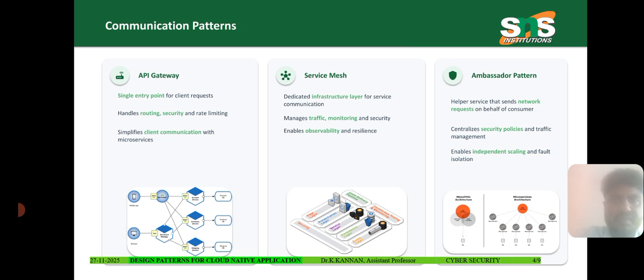The service mesh is a dedicated infrastructure layer for service communication that manages traffic, monitoring and security, and enables observability and resilience. The ambassador pattern is like a helper service that sends network requests on behalf of a consumer, centralizes security policies and traffic management, and enables independent scaling and fault isolation.